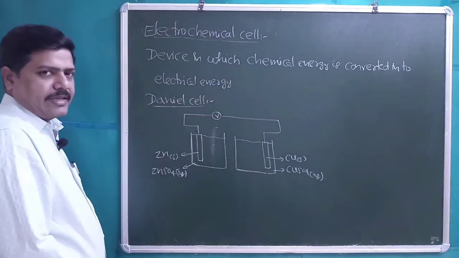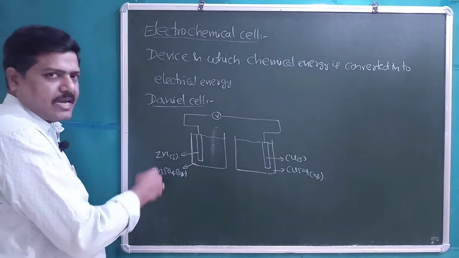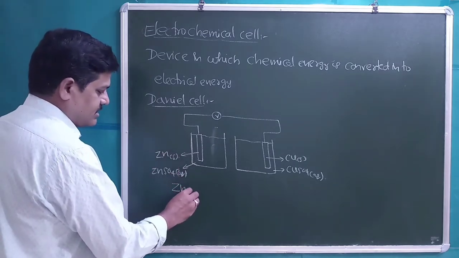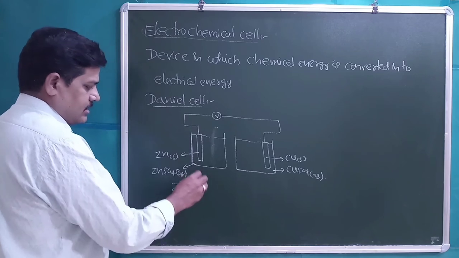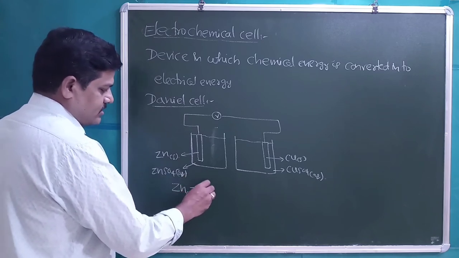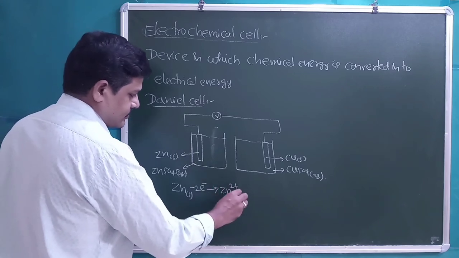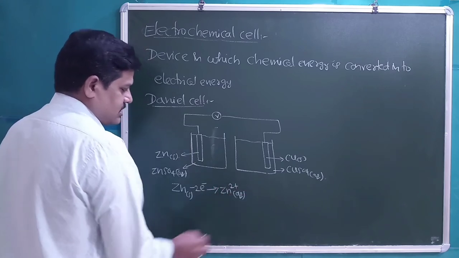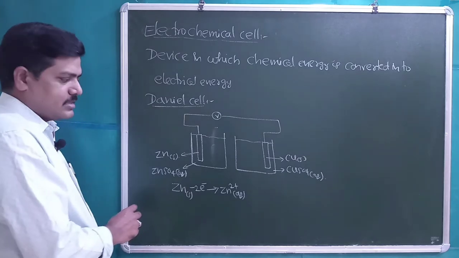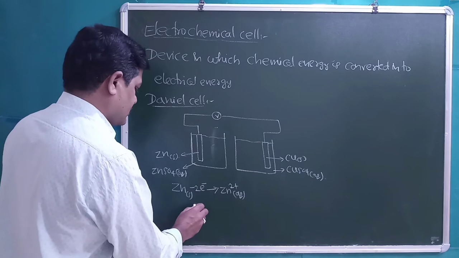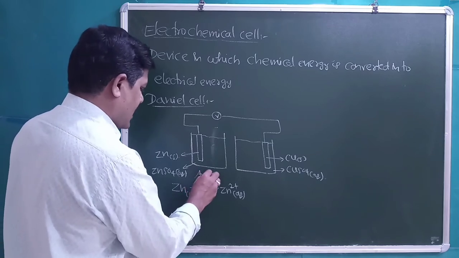Students, here the reaction taking place in the left side container is that zinc atoms present on the zinc rod lose electrons and convert into Zn2+ aqueous. Zinc has a natural tendency of undergoing oxidation. Oxidation will occur, so we call it the anode.